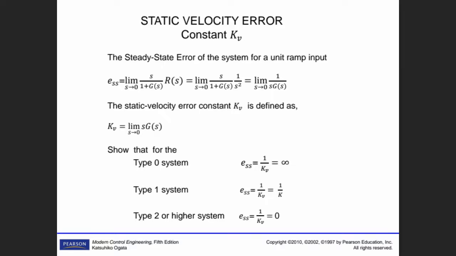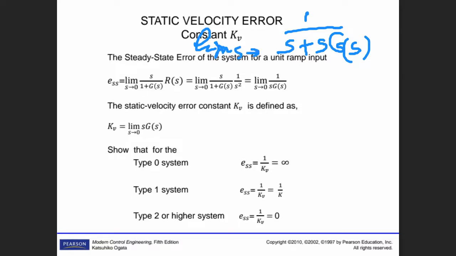That one here is equal to 1 over s plus sG(s). The limit as s goes to 0, that becomes 0. That's why they present it like this.